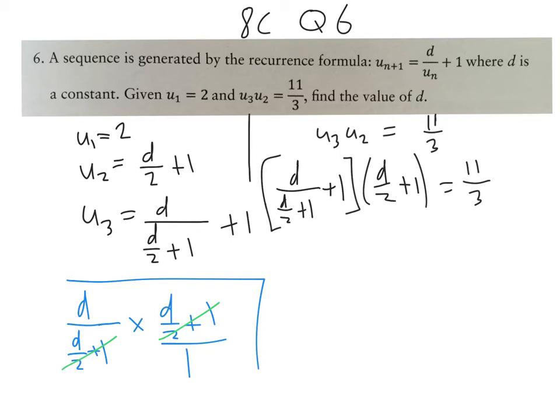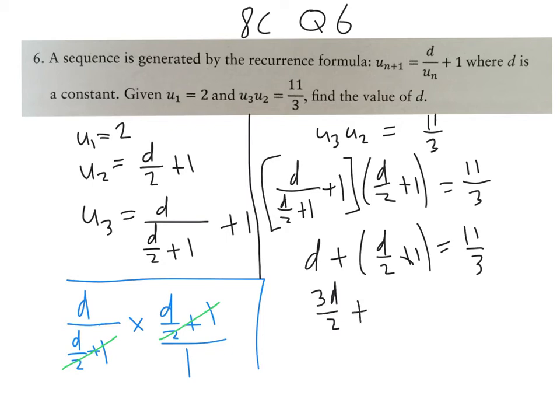So you have d when you multiply the first term by all of d over 2 plus 1, and then you've got 1 multiplied by all of d over 2 plus 1. So plus, and then you'd have d over 2 plus 1. If we simplify the left-hand side, you'd have d plus half of d, which would be 3 halves of d, plus 1 equals 11 thirds.